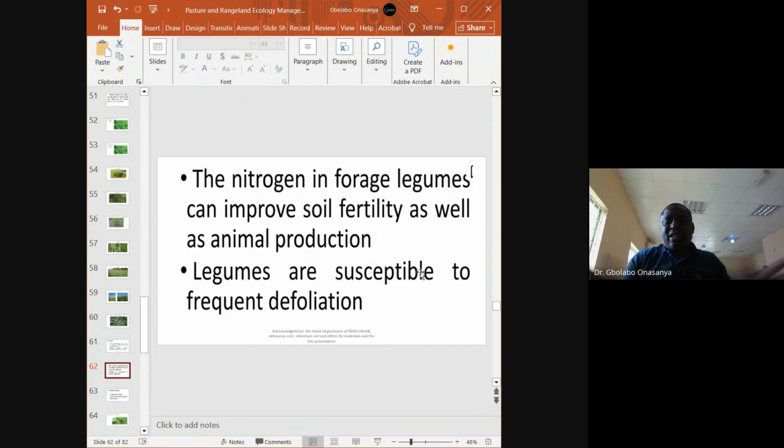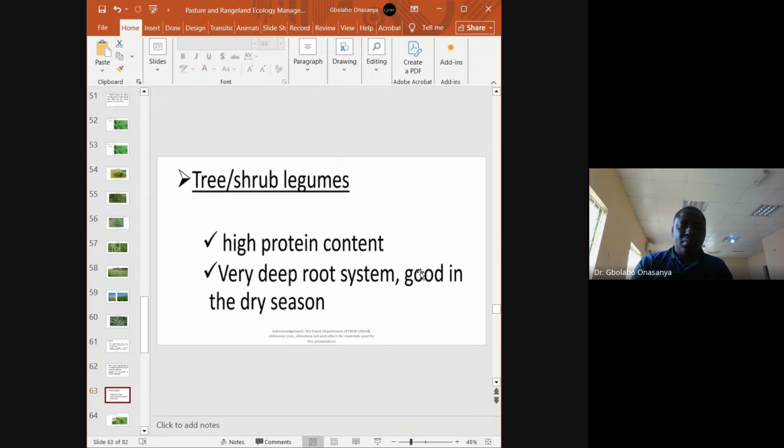Legumes are susceptible to frequent defoliation. We have tree legumes. A couple of tree legumes is Andropogon gayanus. They are rich in protein. They have a deep-seated root system.